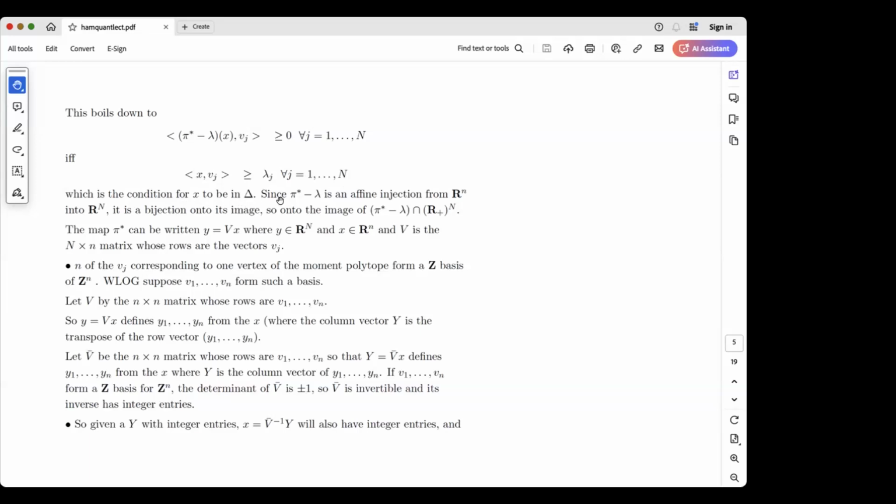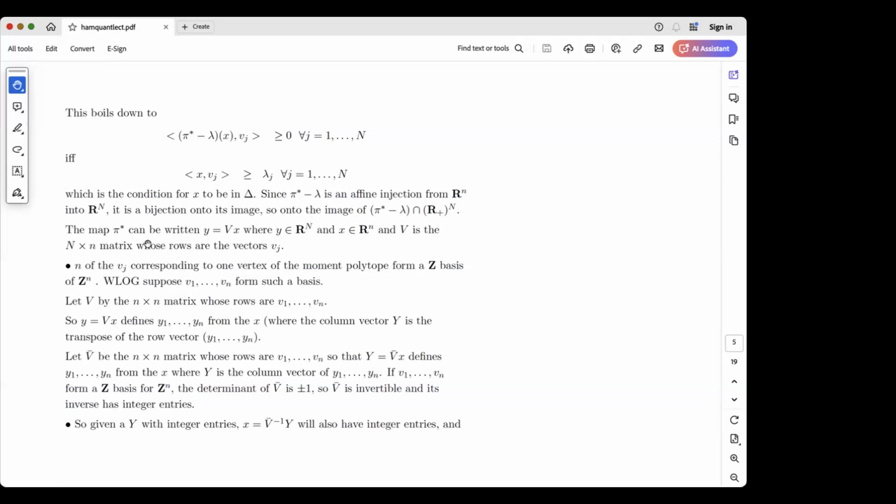delta. So since pi star minus lambda is an injection from R^n into R^N, this is a bijection onto its image, onto the image of pi star minus lambda intersected with the positive orthant.